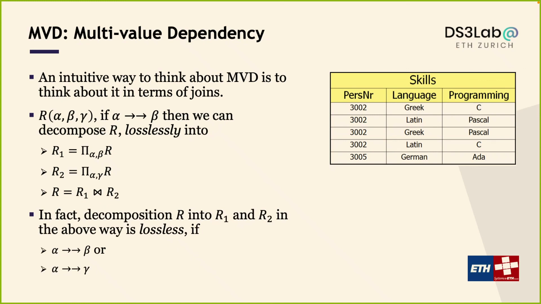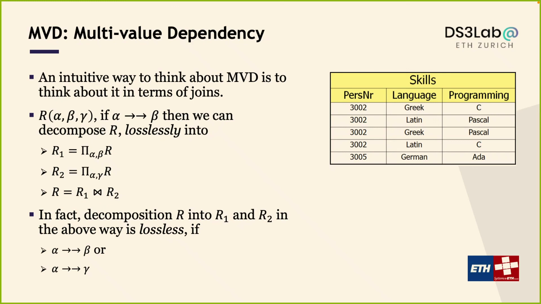In fact, for the decomposition, last time we defined it with functional dependency. So actually, this is a tighter way to model it. If you have the condition that we talked about last time, that there's a functional dependency from alpha to beta, alpha to gamma, then it's lossless. And if you have this multivalued dependency from alpha to beta, alpha to gamma, the decomposition will also be lossless.